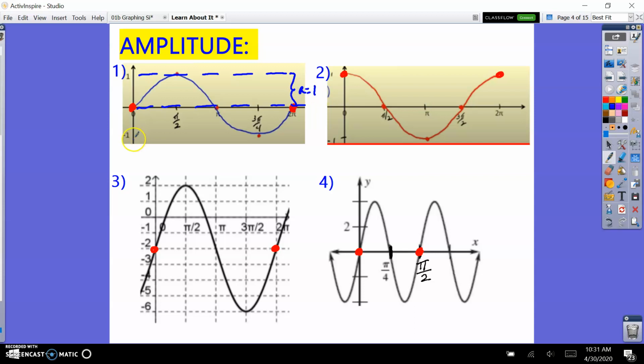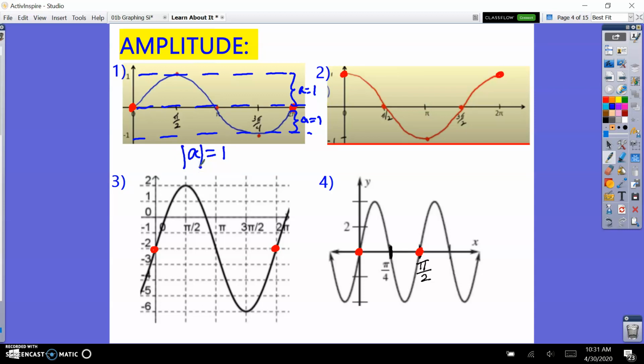Between the horizontal center and the bottom of the graph, this is also a distance or height of 1. Remember, height can't be negative, and so our amplitude is 1.